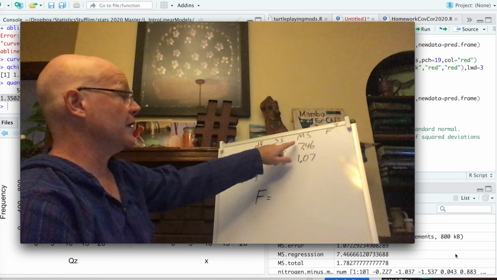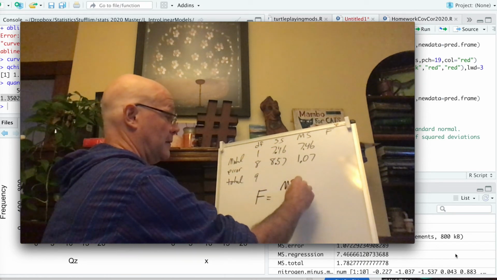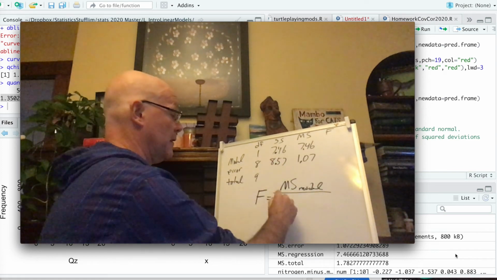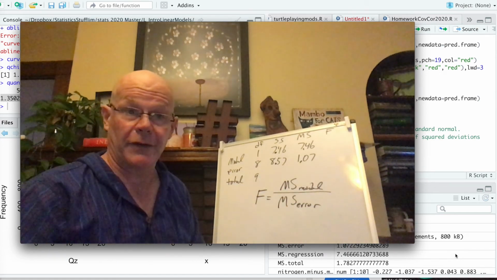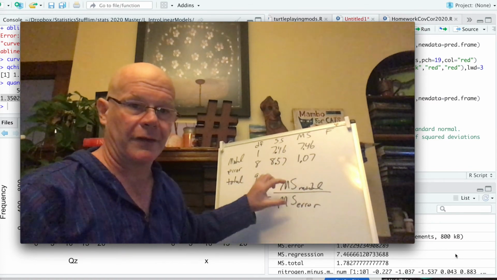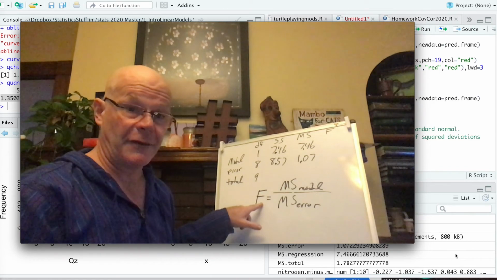Our F statistic is the mean squared of our model divided by the mean squared of our error. And so what we're looking at here is essentially just a ratio of how much our model is explaining versus how much our model is not explaining. That's going to give us our F statistic.